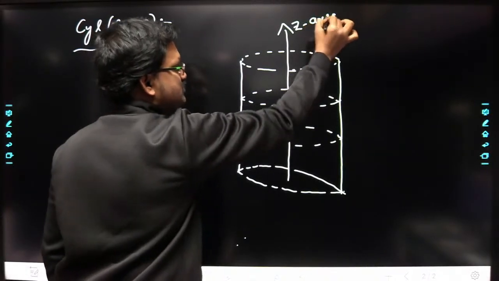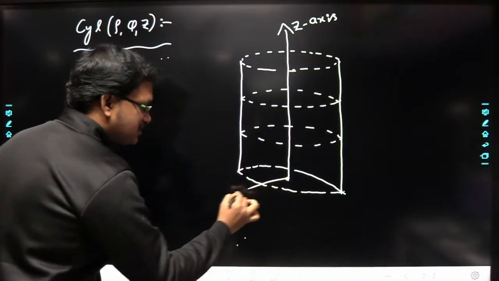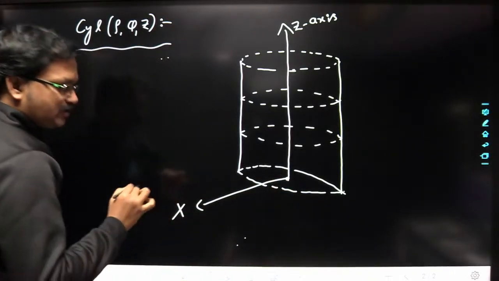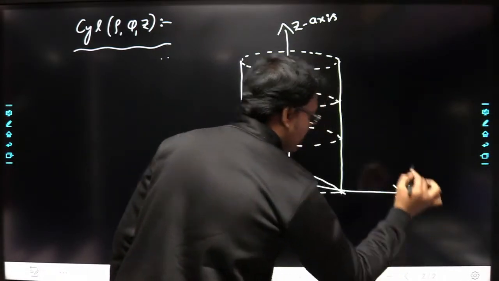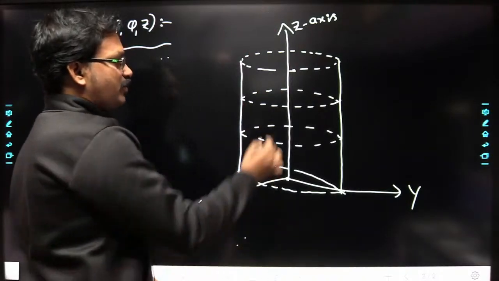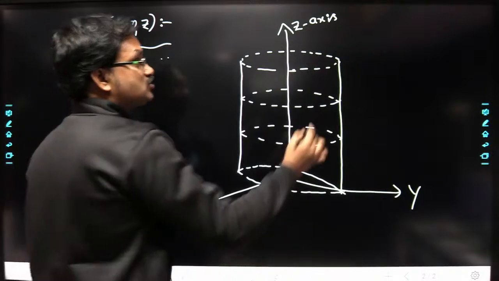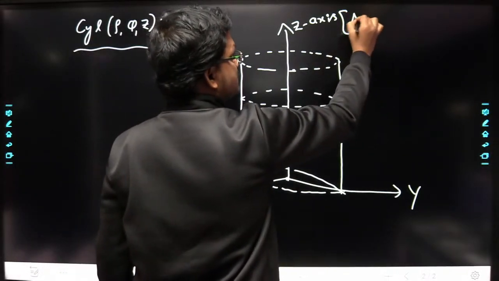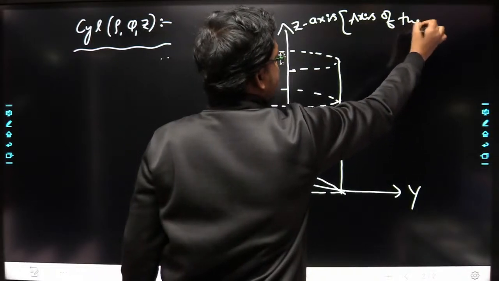Z axis. Understood? Now here I am considering this as the x axis, and this axis as the y axis. How did we get this z axis? By joining the centers of all the circular rings. This z axis we call the axis of the cylinder.